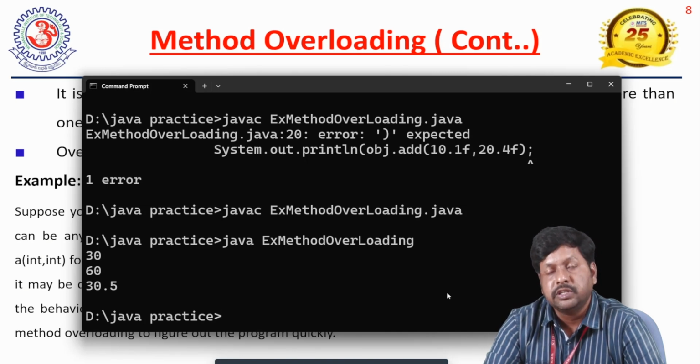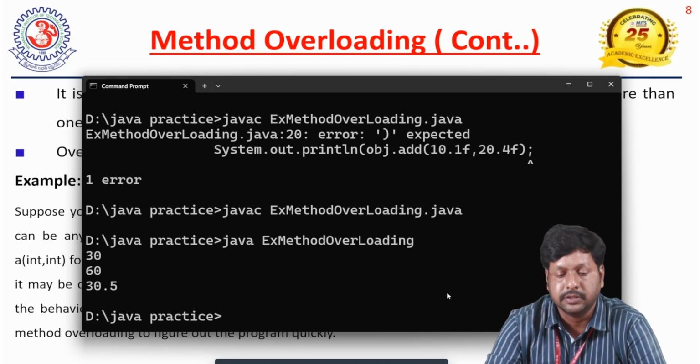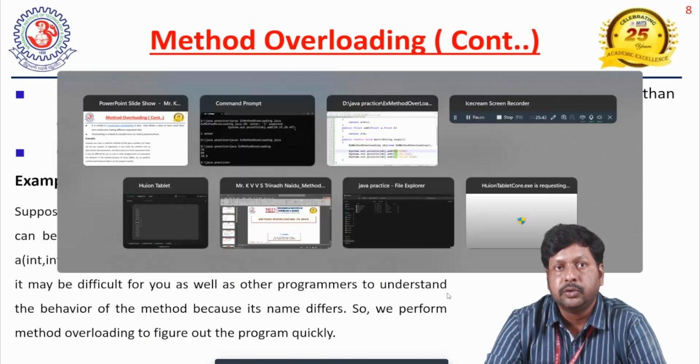So which method to call is decided by the compiler at the time of compilation only. That's why we call it compile time polymorphism, also known as static polymorphism or early binding. Why are we implementing the method overloading concept? To increase the readability for the developers.